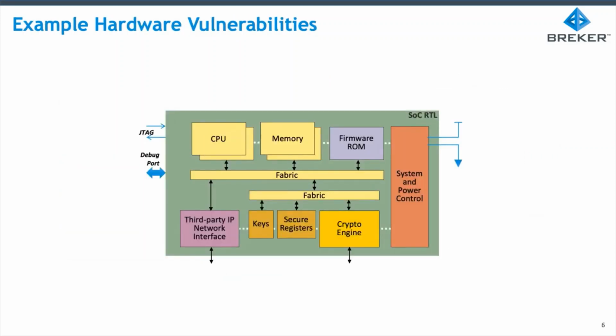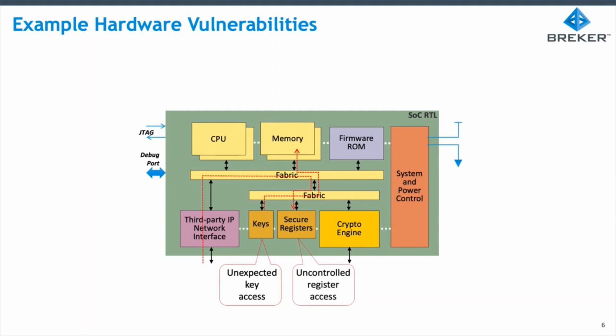Let's take a look at some of the vulnerabilities that can exist in hardware today. In an SoC such as this, you may have protected keys that a financial program might make use of, which normally can only be read through a crypto engine. A hacker might be able to get access to those keys and read them into some other memory cell, and from there, find out what the keys are and be able to access the financial software.